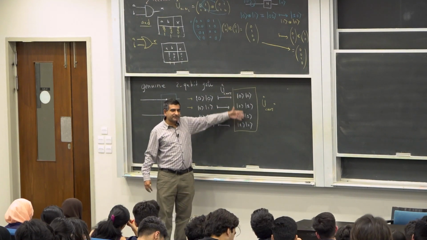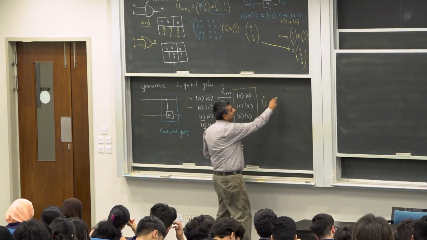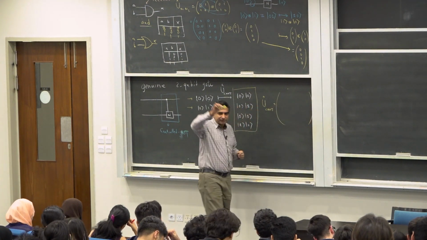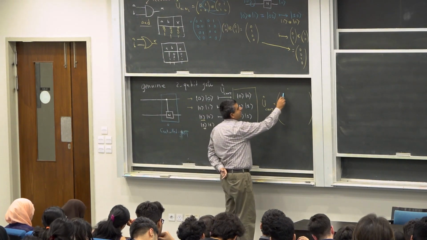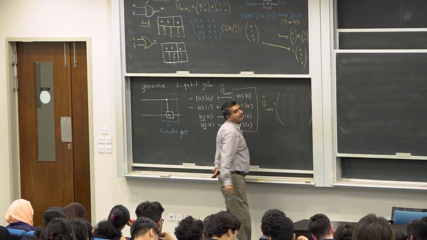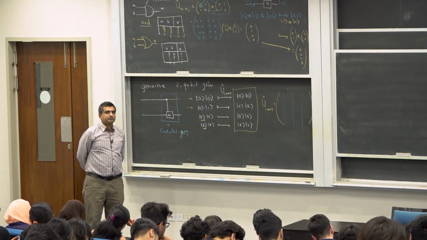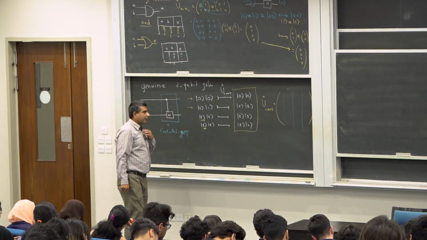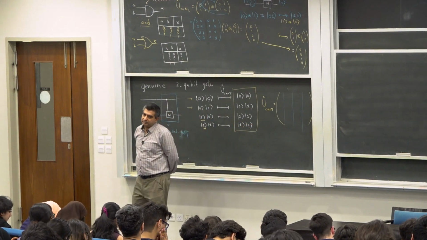And these are the 4 basis states for the 2 qubits as well. So it's very easy to write a 4x4 matrix, which of course is going to have 4 columns, which represents this gate.